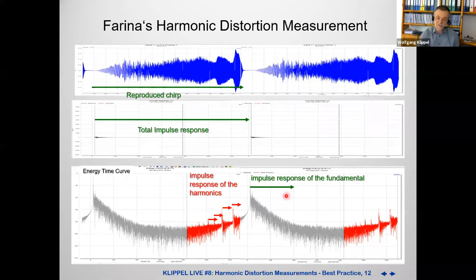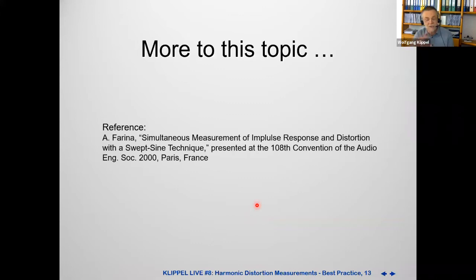And Farina had this beautiful idea to cut out with windowing those impulse responses from the harmonics and calculate more or less the harmonic distortion from that. Very convenient, very clever, very nice. Okay. If you would like to learn more about that, there's a very good paper from Farina. Please get it and read that.